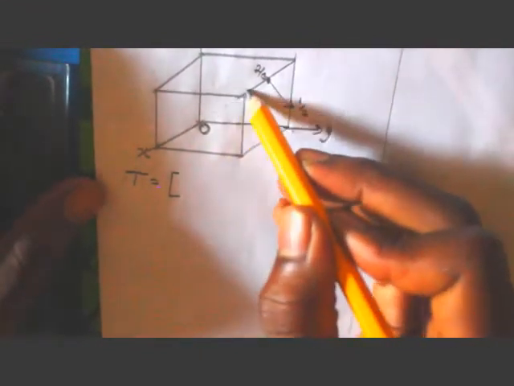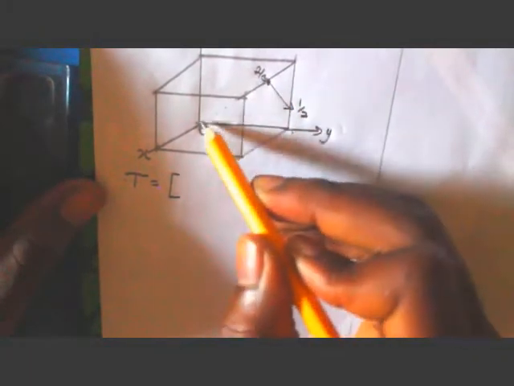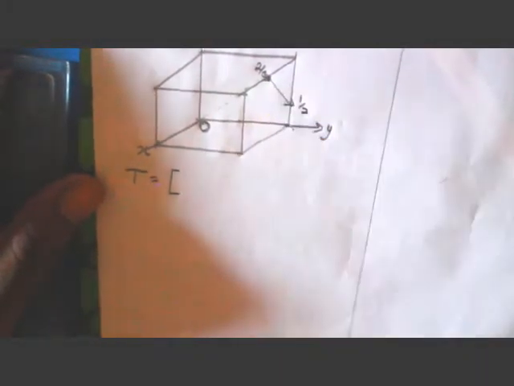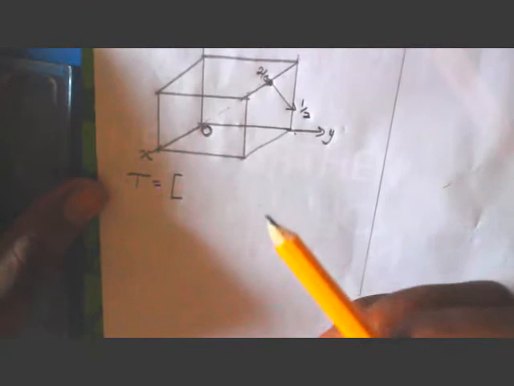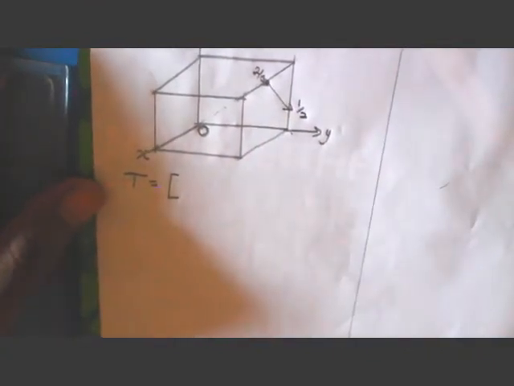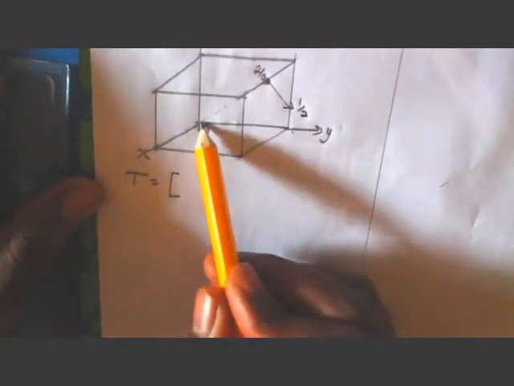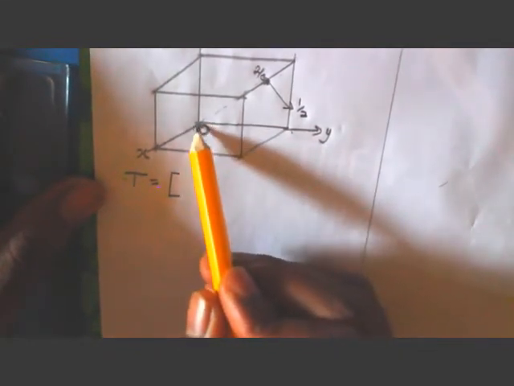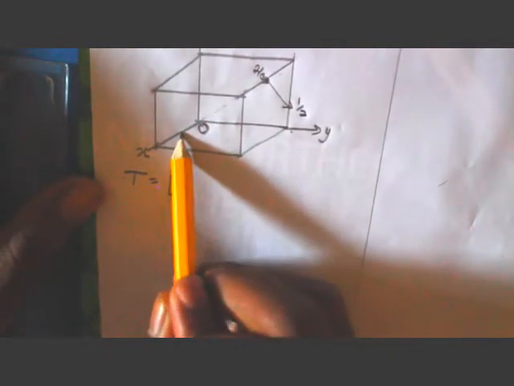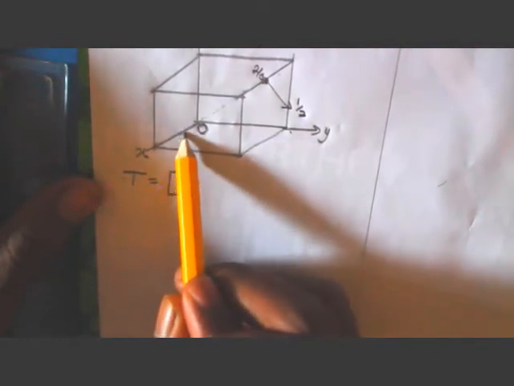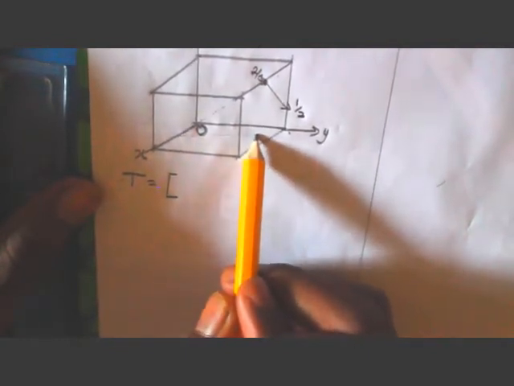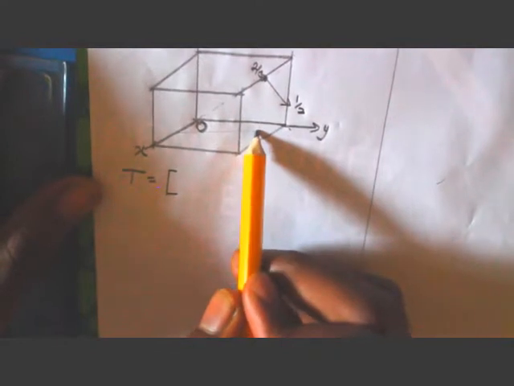Let's trace. Our aim is to go here. So what do you do to go here? It's very simple. Here it will go 1/2, here you will go 1, and here you will go 1.